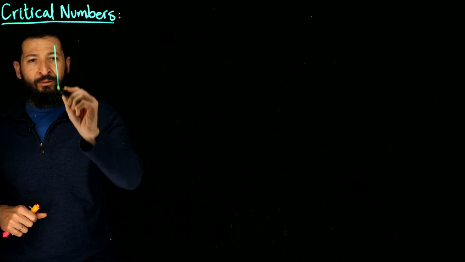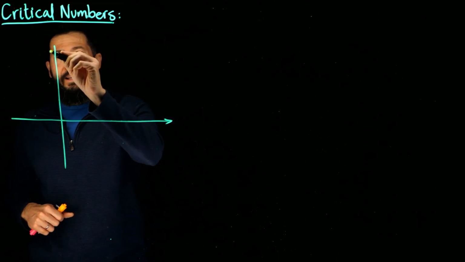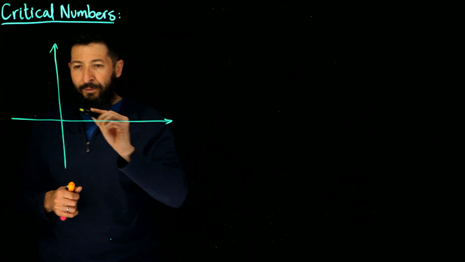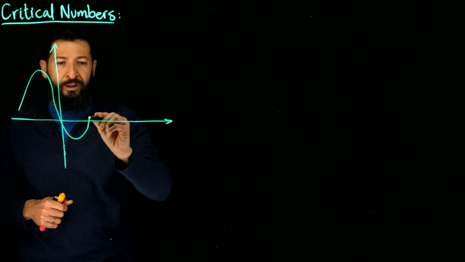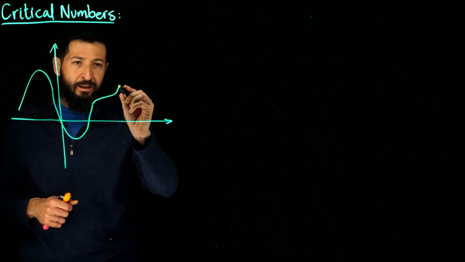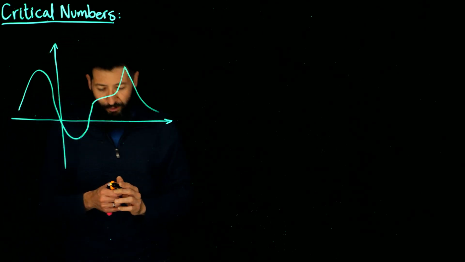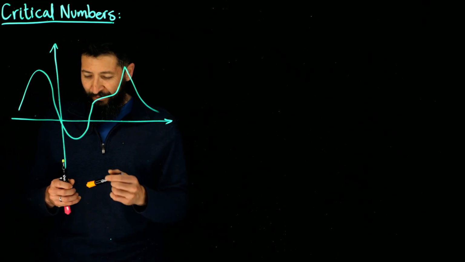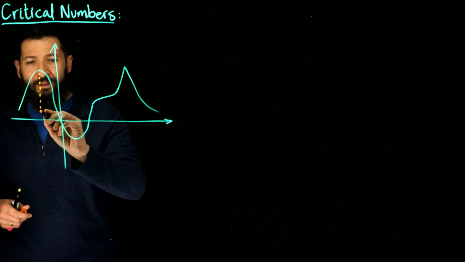So remember my graph with the minima and maxima. I'm going to do something similar, but I'm going to be throwing in a little bit more. All right, so all of my interest points or types are going to be there. So we see that we have a relative maximum here.